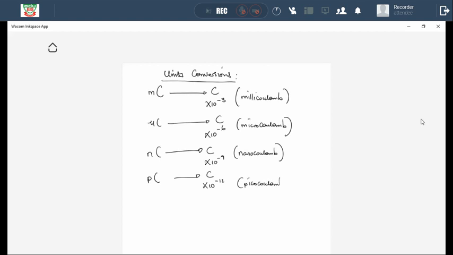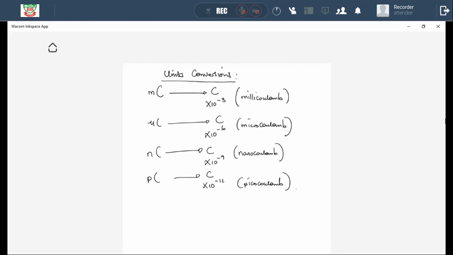So this is how we convert our units. As we are doing our calculations, we need to keep on referring to our unit conversions to make sure that we are using the same units.